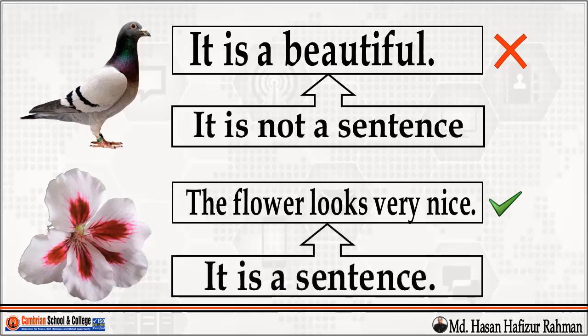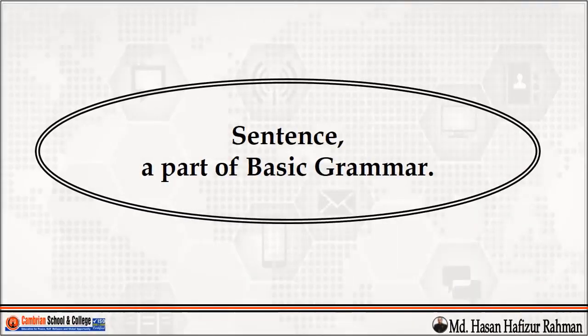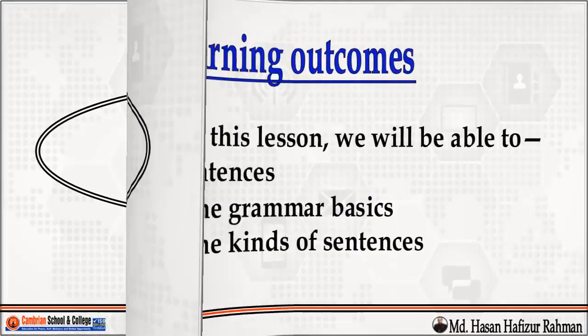It is a beautiful is not a sentence. The flower looks very nice is a sentence. Dear learners, do you guess what we are going to discuss in our today's class? Sentence. Yes, it is sentence, a part of basic grammar.